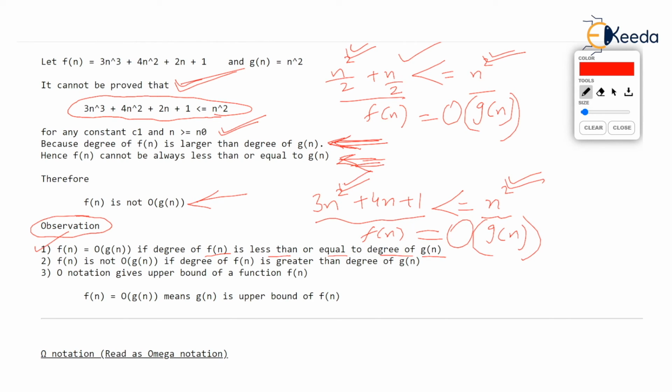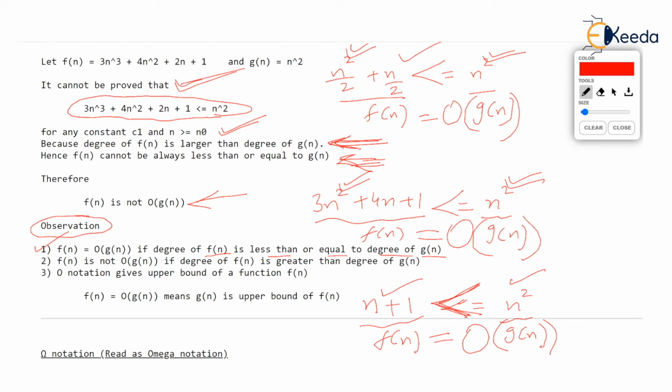This is Fn. Is it less than or equal to n square? This is Gn. Oh, what a funny question. Of course, n plus 1 will be less than or equal to n square, isn't it? Definitely, because the right hand side Gn has a higher degree. That means Fn will be O of Gn definitely if degree of Fn is less than degree of Gn.